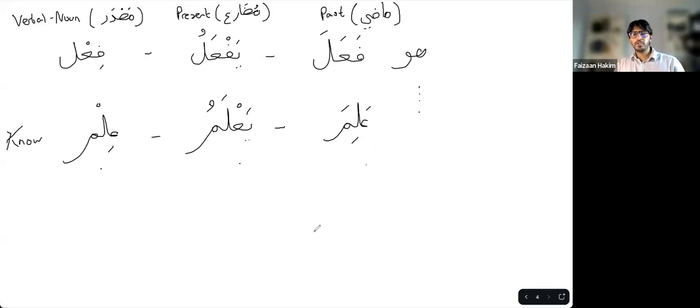Now I'm going to introduce you to some of the most prevalent nouns which are derived from this masdar, from this basic meaning. And I think you'll recognize some of these almost immediately. You have what's called the ismul fa'il. Ism is name, the name of the fa'il.